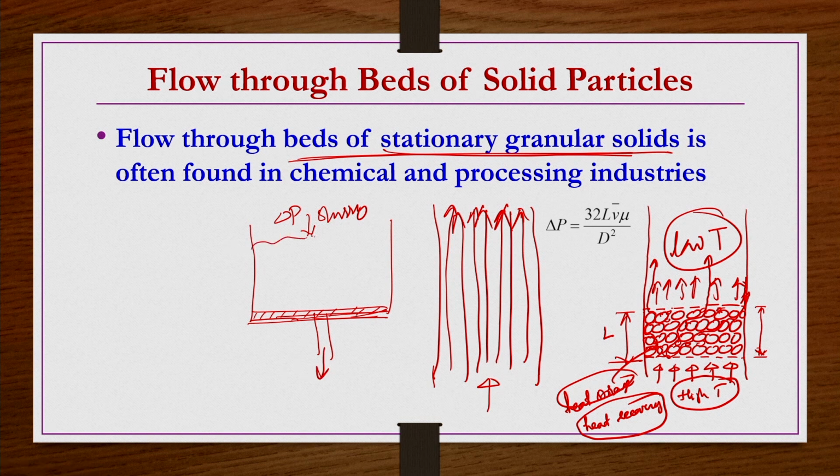When you take this slurry, the particles may settle at the bottom like this, and then clear liquid may be collected at the bottom. In these cases also, this is downflow, this can be treated as a downflow packed bed. Whatever examples I have shown earlier are upflow packed beds. So, both downflow and upflow are possible depending on the application.